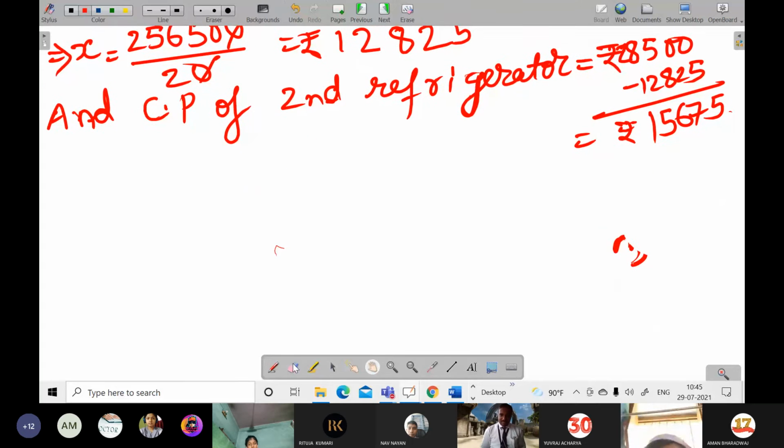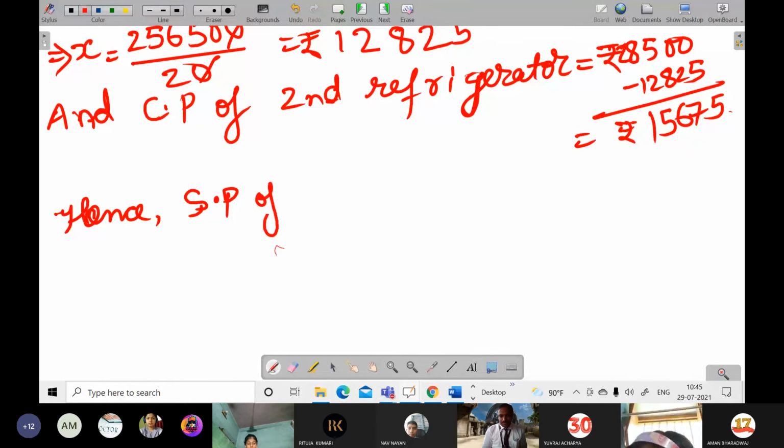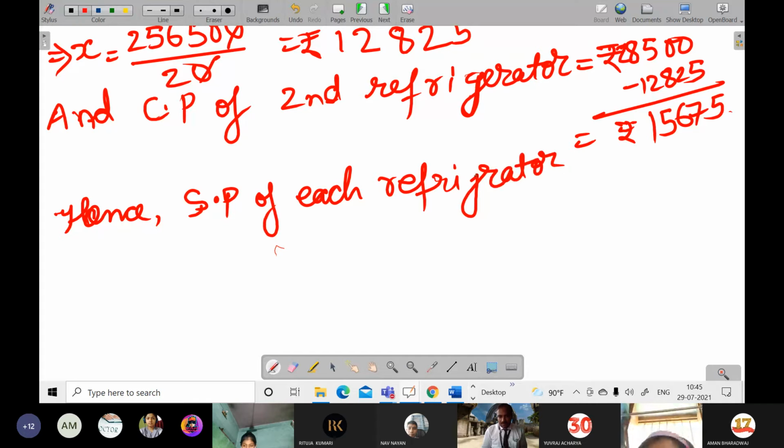So now you can say hence selling price is equal to, or hence also you can write, hence SP of each refrigerator is equal to selling price of each refrigerator is equal to what it was, 110x, or 11x by 10.